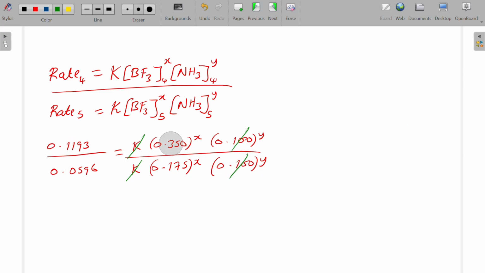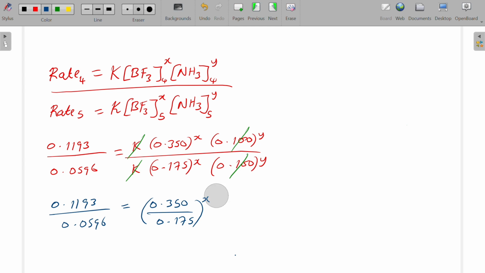All we have to do now is divide here, find an answer, and also divide here, find an answer. Let's rewrite it. We have 0.1193 divided by 0.0596 is equal to 0.350 divided by 0.175, and this whole thing is given to the power of x.